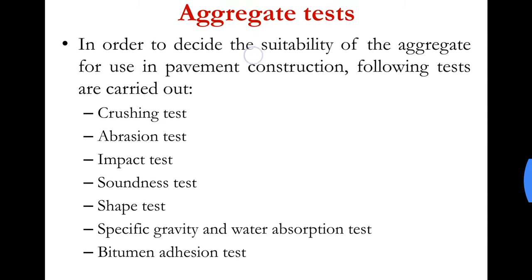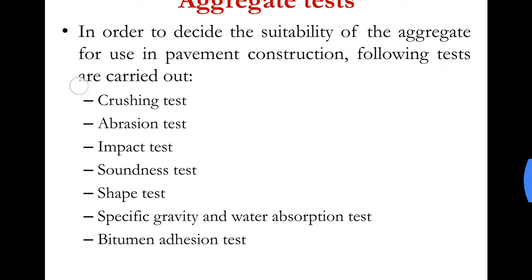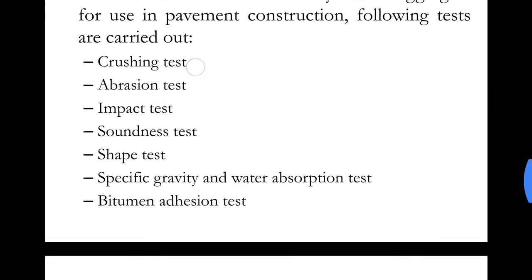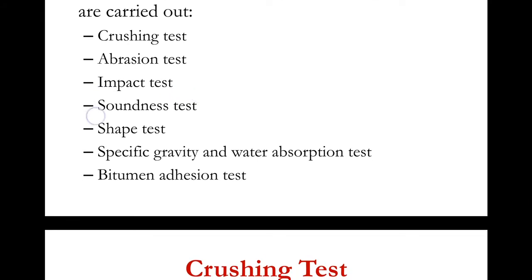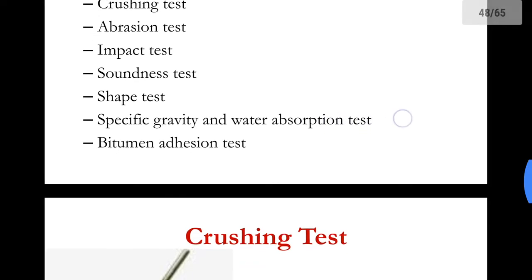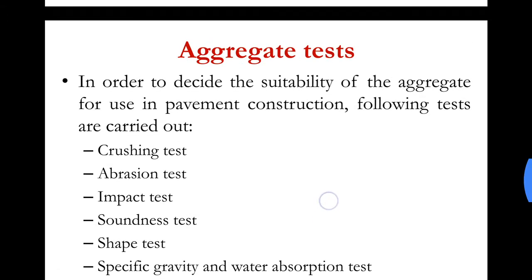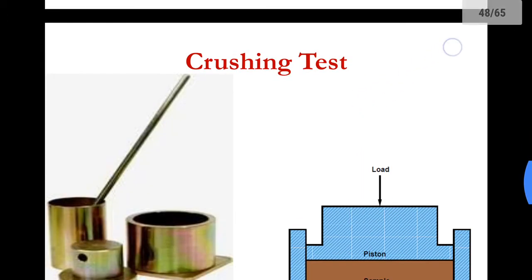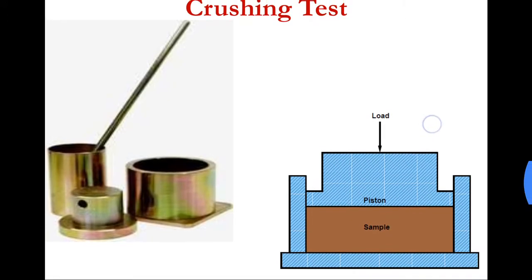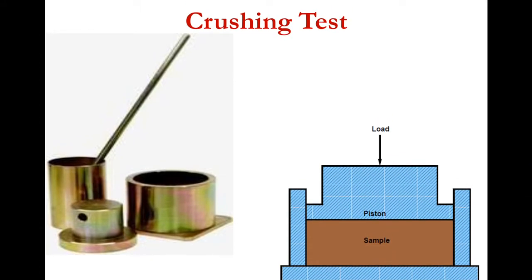So in order to decide the suitability of aggregates for use in the pavement construction, the following tests are carried out: crushing test, abrasion test, impact test, soundness test, shape test, specific gravity and water absorption test, and bitumen adhesion test. These are a few tests that are being performed. I'll be uploading videos on these tests, so you need to go through those videos. There would be videos regarding each of these tests.